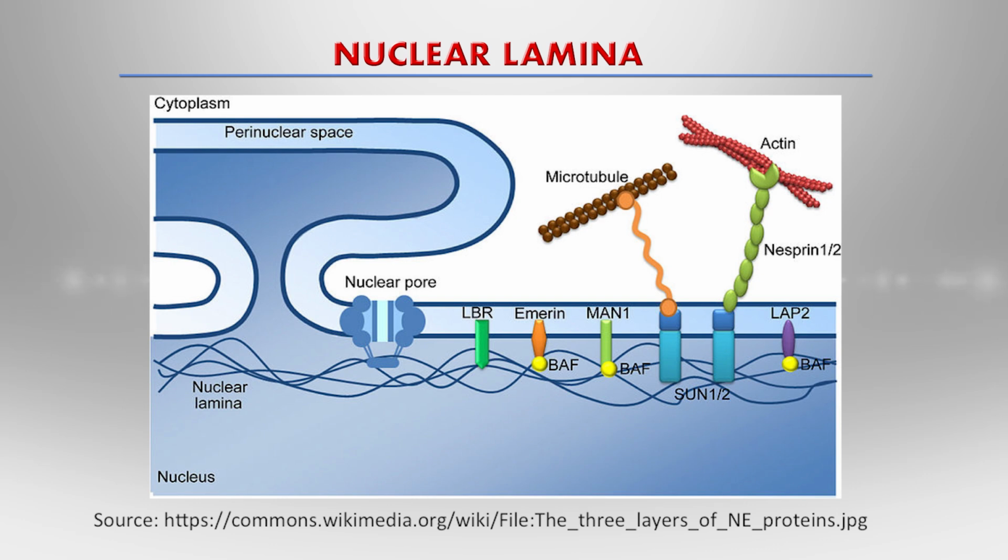So there is a protein network within the nucleus, which is called the nuclear lamina. Here you can see that the protein fibrous network is suspended in the nucleoplasm, and the nuclear lamina also interacts with the DNA or chromatin of the nucleus.